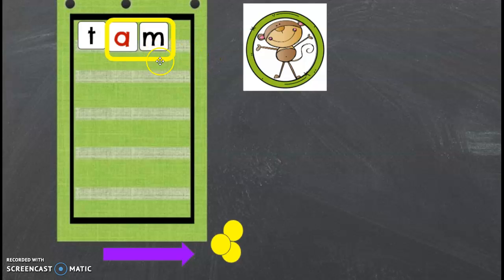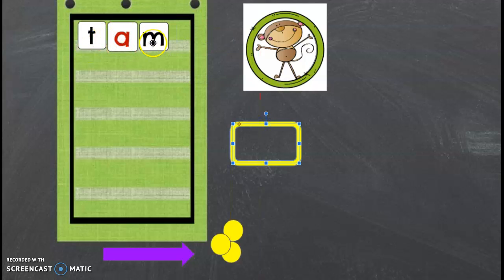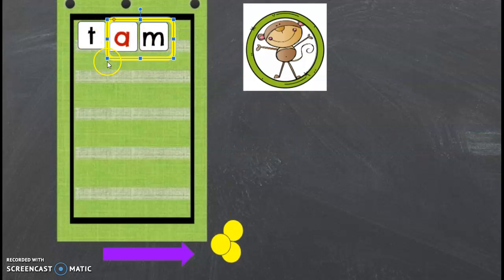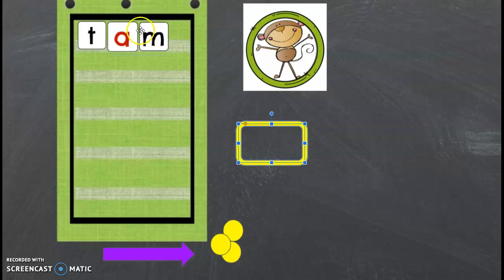I see it too. I see the word am. Very nice. So we learned the word am, but now if we look for a chunk in there, we see that word am inside of the word tam. Very nice job.